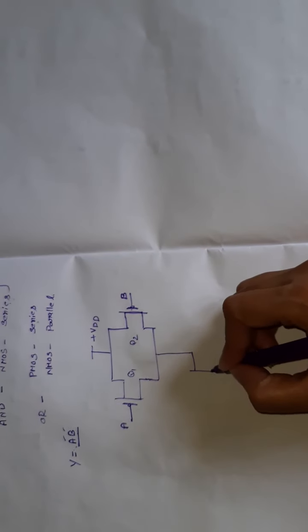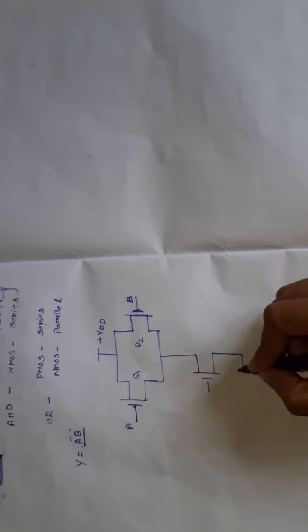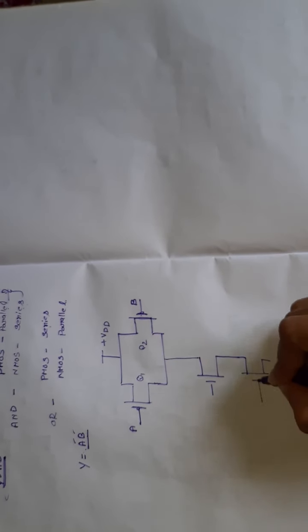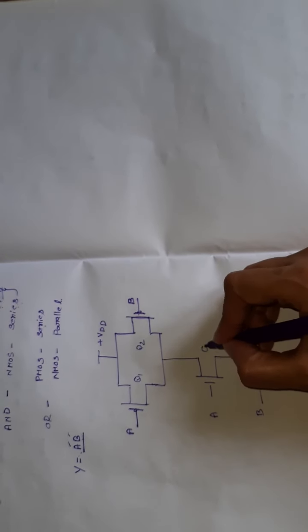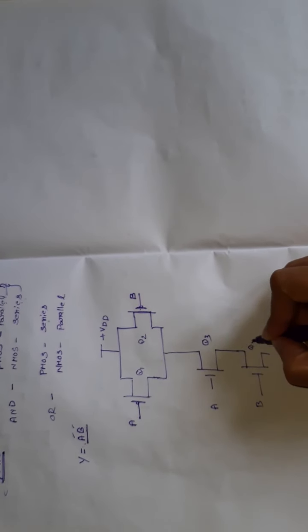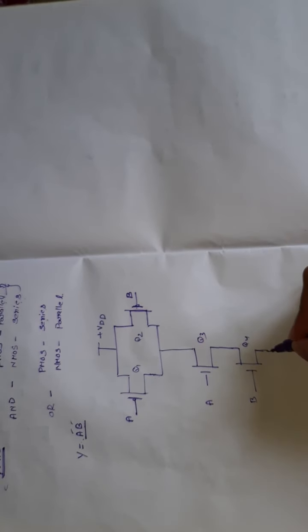I am taking the two transistors connected in series, indicating A, B. I am naming the transistors Q3 and Q4. So always this pull-down network should be connected to ground. So this is the construction of the CMOS NAND gate.